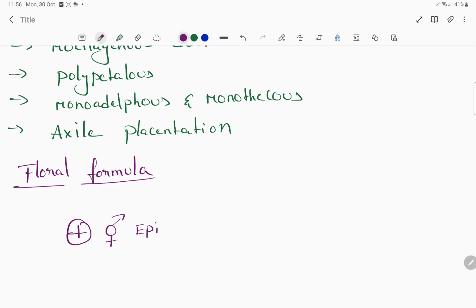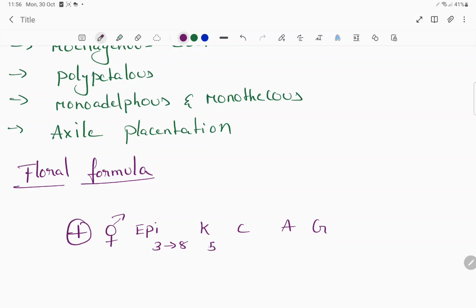We have epicalyx, which is 3 to 8 because all the bracteoles are combined to form a whorl present under the calyx. We have calyx, corolla, androecium, gynoecium.